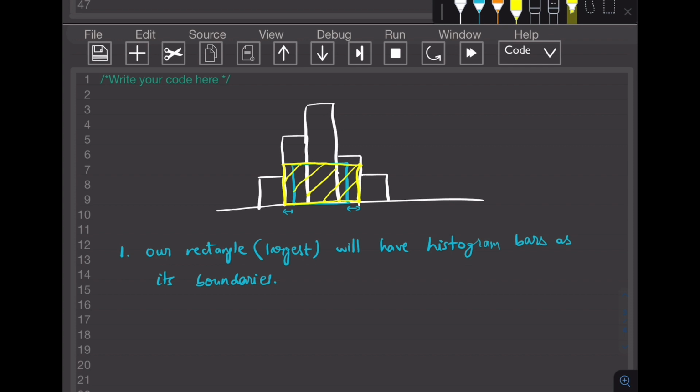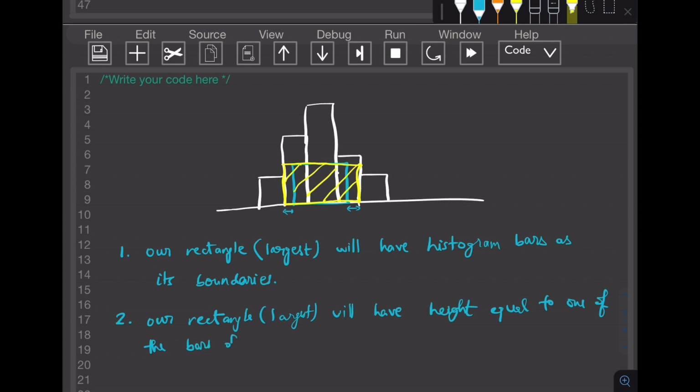Okay, let's go to the second statement. The second statement says that our rectangle, which is again going to be the largest, will have height equal to one of the bars of histogram. And why is that?